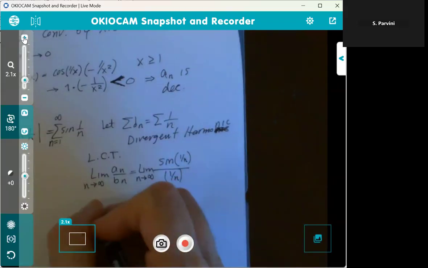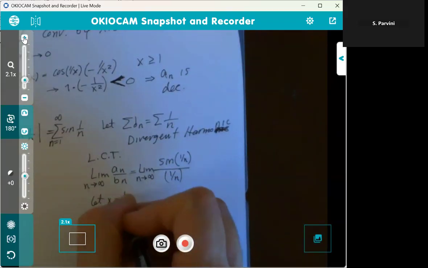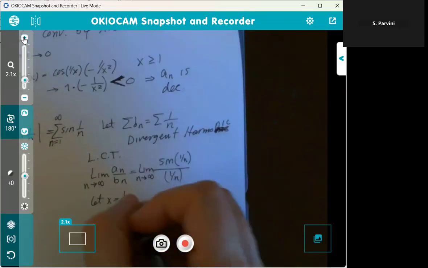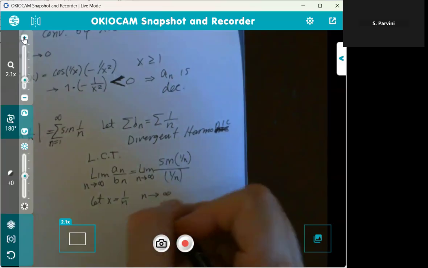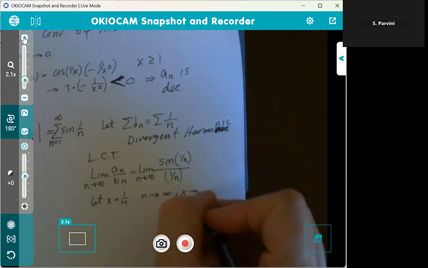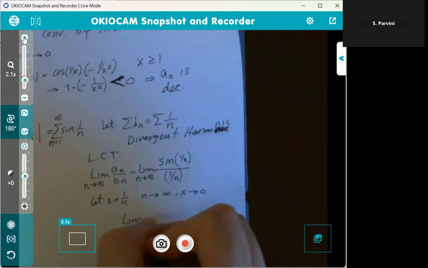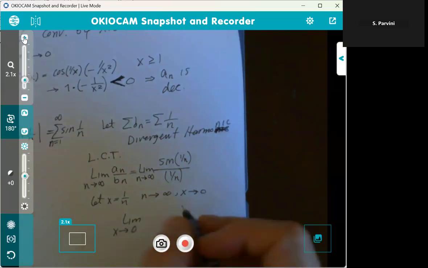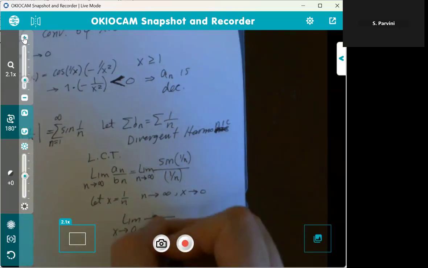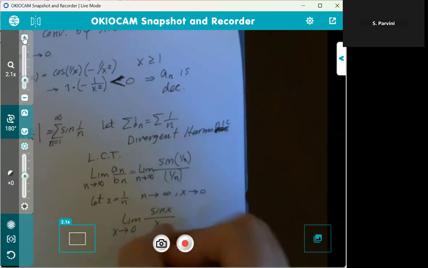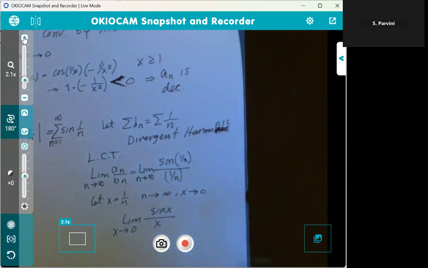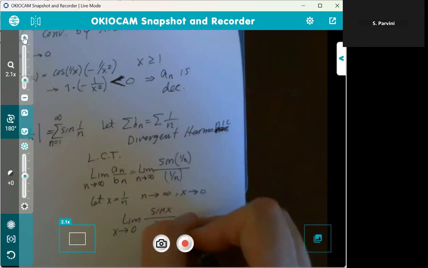You can let x be 1 over n. Now, as n goes to infinity, 1 over n goes to 0. X approaches 0. So the limit is the same as x going to 0 of sine x over x. And this limit, again, in Calc 1, we showed is 1.